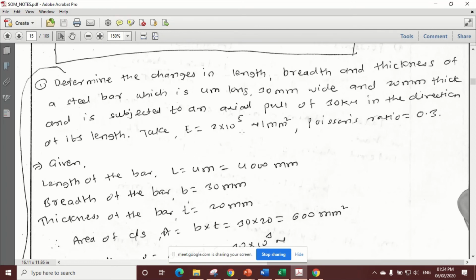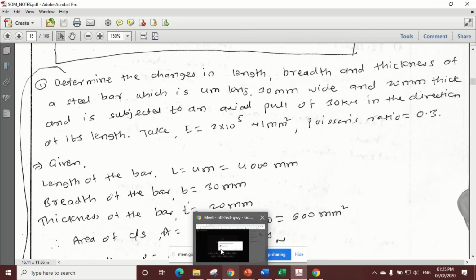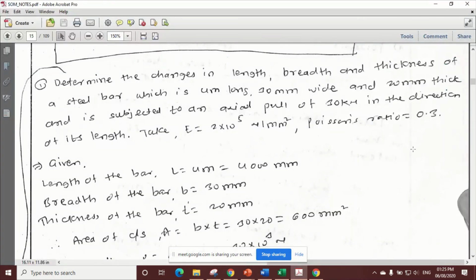Take the value of capital E equal to 2 × 10⁵ Newton per millimeter square and Poisson's ratio equal to 0.3.